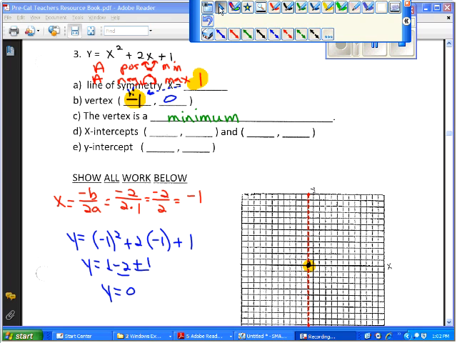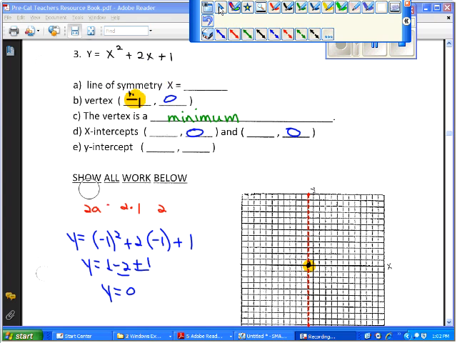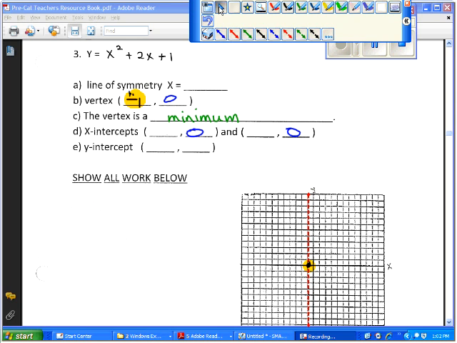To find the x-intercepts, we find the value of x when y is equal to 0. So we're going to let y equal 0. We're going to put the 0 in place of the y.